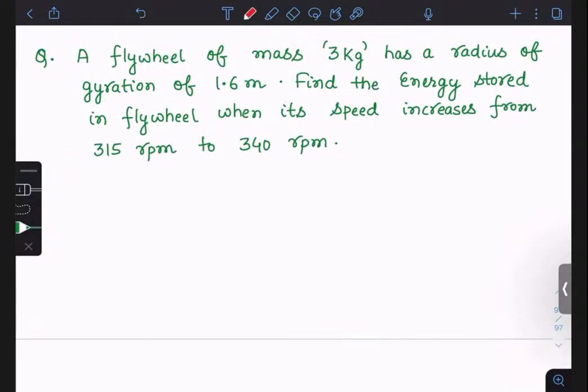How can we solve this? Here you can see N minimum is given to you, and N maximum is 340. So CS is required. First calculate CS, then I omega square. I am not going to solve this. Please find out, my dear.